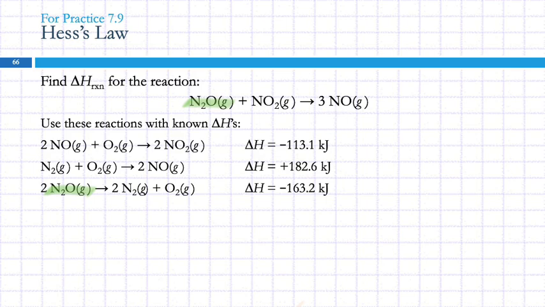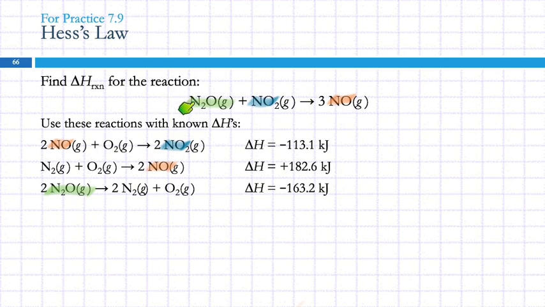So NO is orange, and here's NO, and here's NO. And then we also have NO2, maybe in blue. That can just help us see where these things are because they're really similar. You can do this in kind of a haphazard way. I don't find that works very well. So this is what I would recommend.